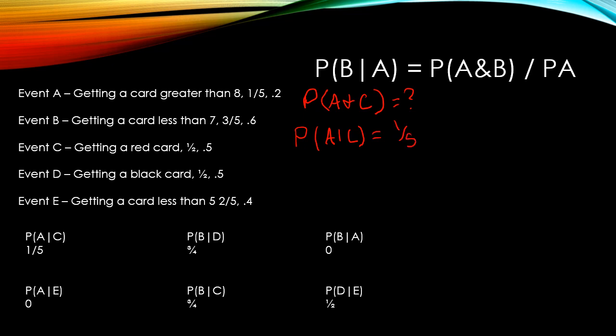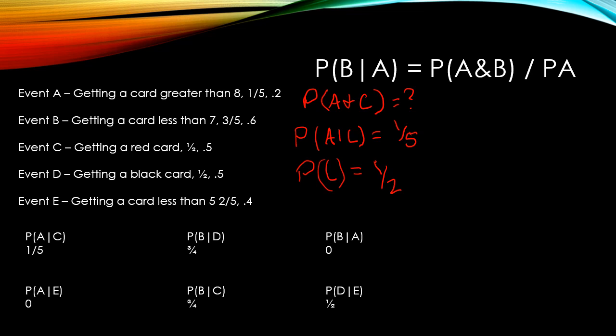We found that earlier, right? And we're given that the probability of C is 1/2. We can set this up to solve for the probability of A and C together.